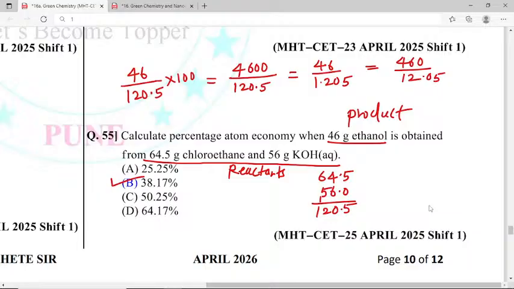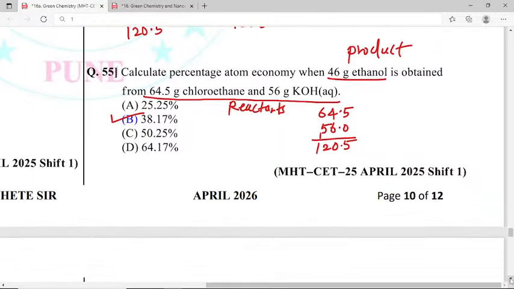Okay, clear? Got it, everyone? This is a very simple calculation in the CET exam. CET doesn't ask calculation questions which take more than 1 minute. If you try to solve a question for more than 1 minute, you will not get a better score.